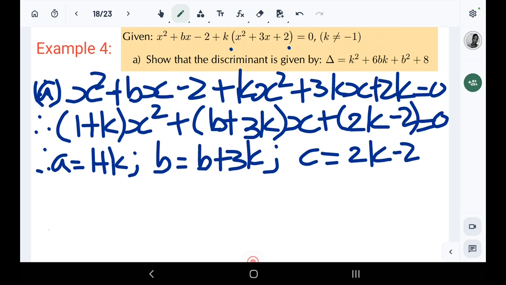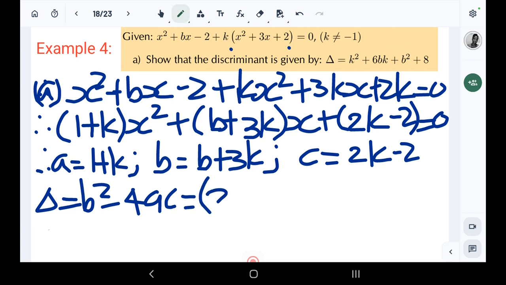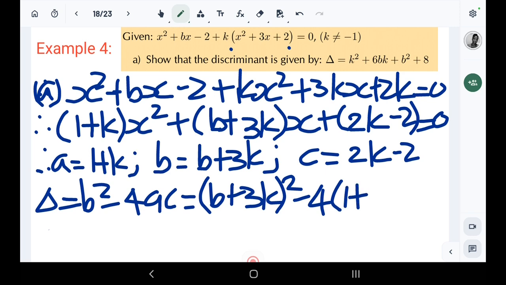Now, let's substitute that into the discriminant. Delta is equal to b squared minus 4ac, which is equal to b plus 3k all squared minus 4. A is 1 plus k. C is 2k minus 2.